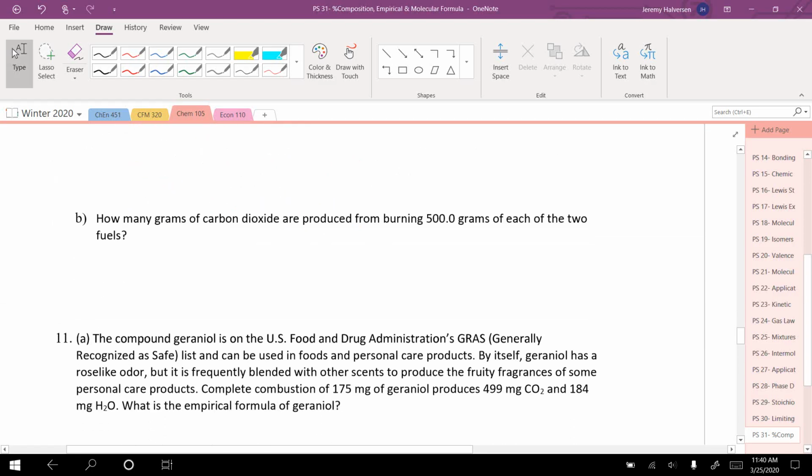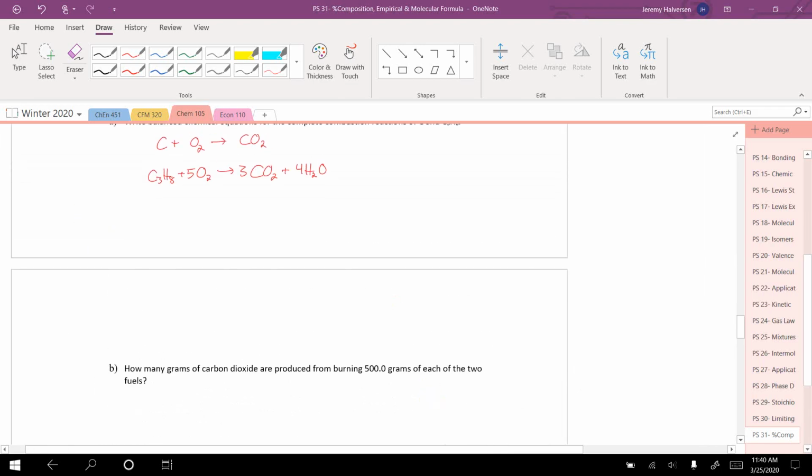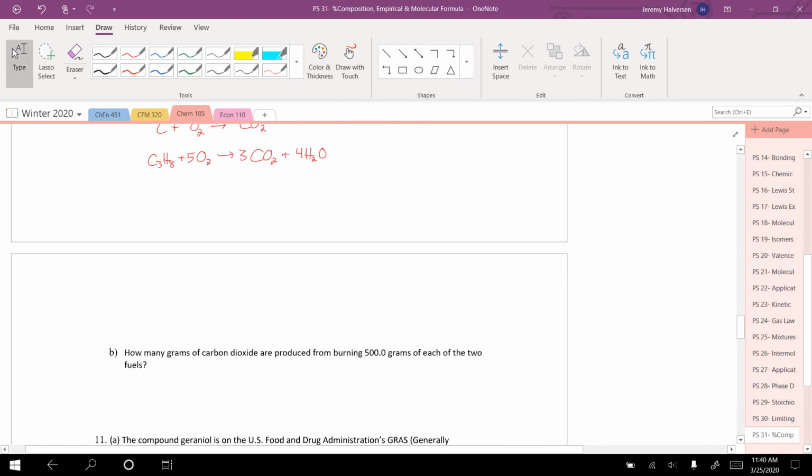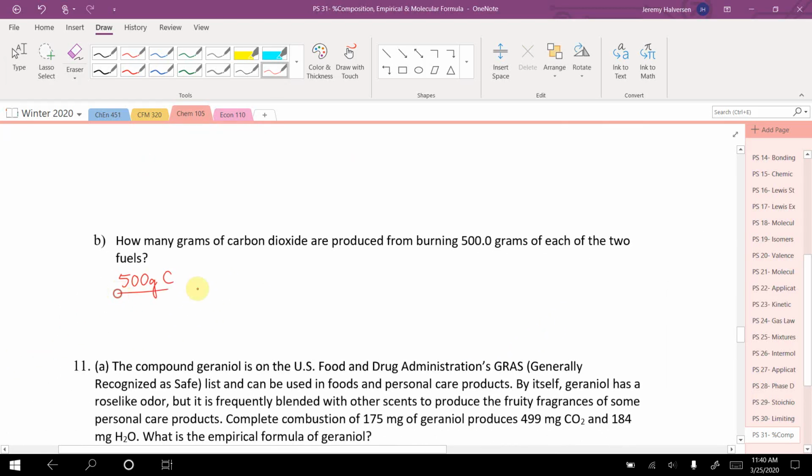How many grams of carbon dioxide are produced from burning 500 grams of the 2 fuels? All right, easy. We've done a lot of this. So we've got 500 grams of carbon, and we want to convert it to carbon dioxide. We have to get to moles if we want to use the equation. 1 mole of carbon is 12 grams.